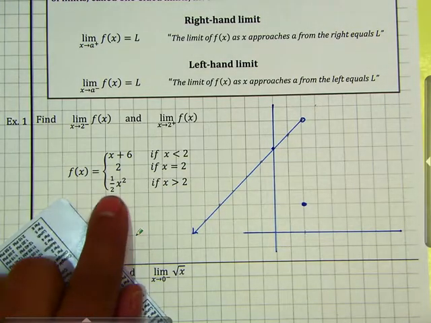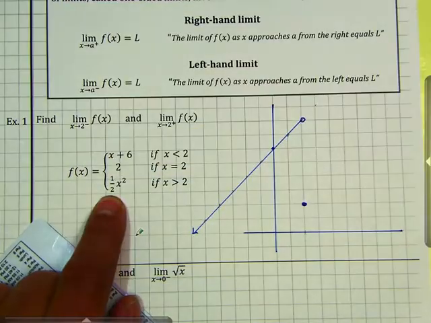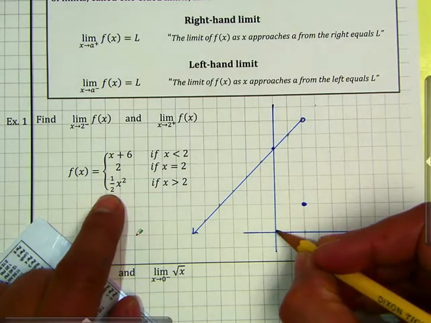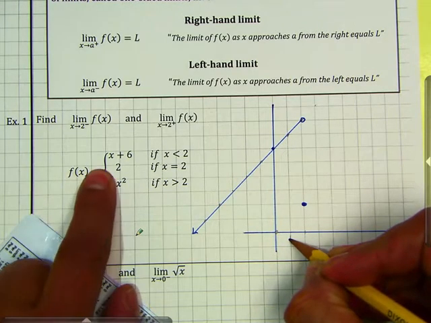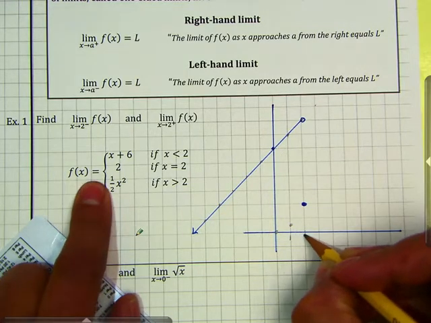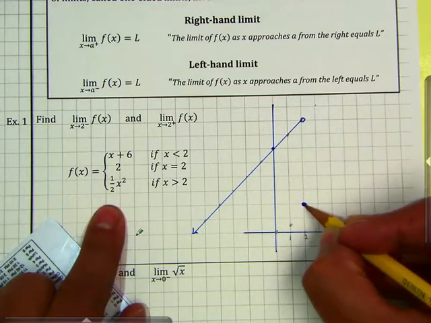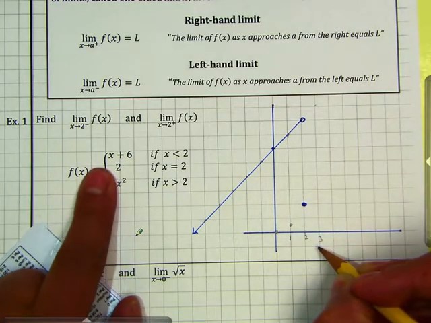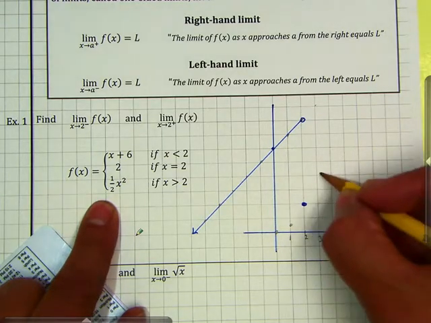The third one is a parabola with your vertex at 0, 0. And I'm going to plug in 1. Plugging in 1 gives you 1 squared is 1. Half of it is half. Plug in a 2. 2 squared is 4. Half of it is 2. Plug in a 3. 3 squared is 9. Half of 9 is 4.5.